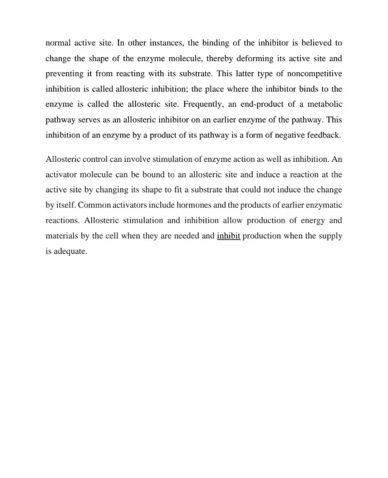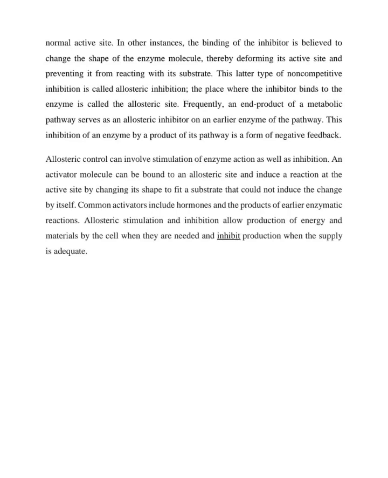In other instances, the binding of the inhibitor is believed to change the shape of the enzyme molecule, thereby deforming its active site and preventing it from reacting with its substrate. This latter type of non-competitive inhibition is called allosteric inhibition. The place where the inhibitor binds to the enzyme is called the allosteric site.